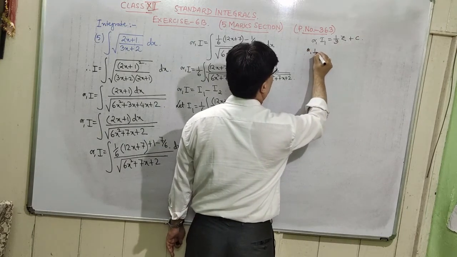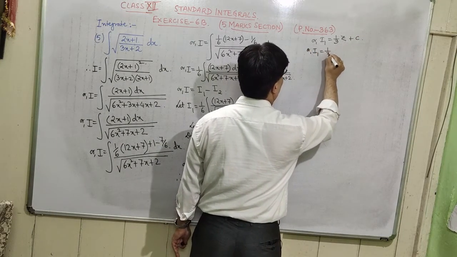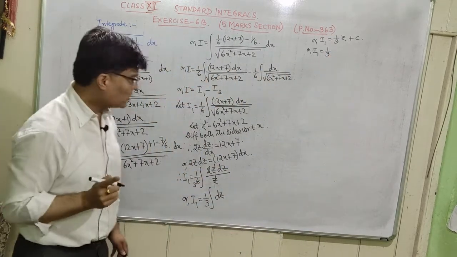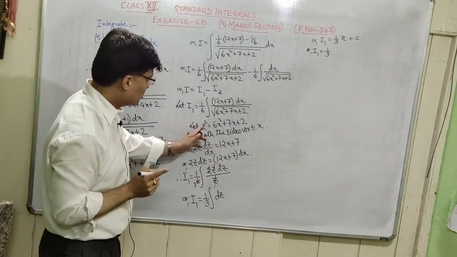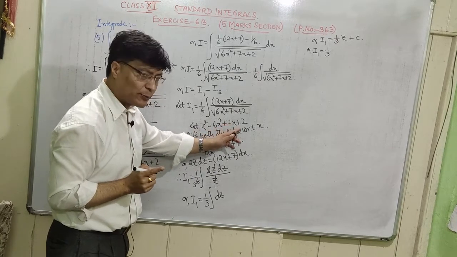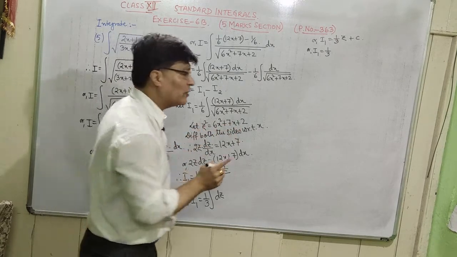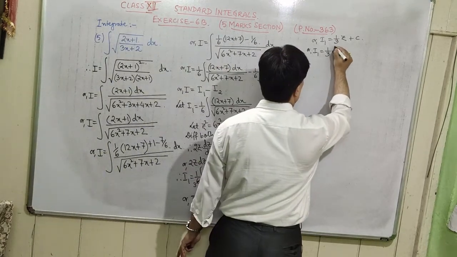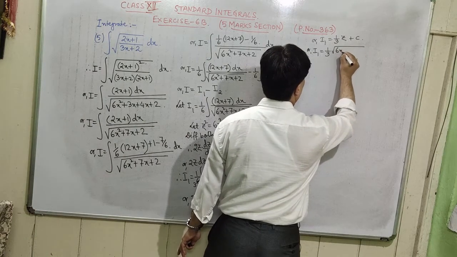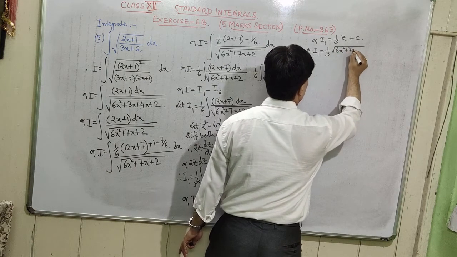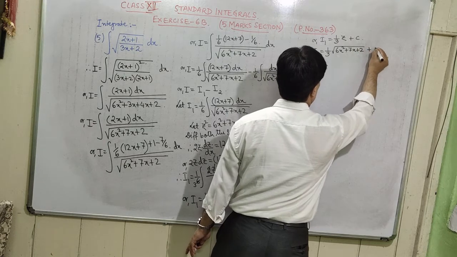Now I1 is equal to 1/3. So what is the value for z? Z square is equal to 6x square plus 7x plus 2, so z is equal to root over 6x square plus 7x plus 2 plus c.